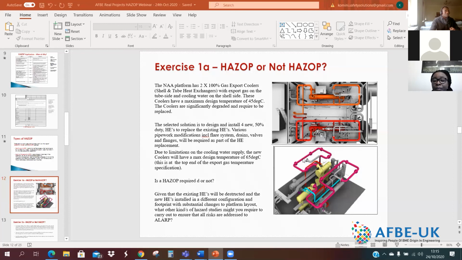Abdulaziz says yes, good. Dinesh says required for temperature. That's correct. Very good. So guys, if you could touch on the second part of that question, which is, given that there's going to be a lot of this structure removed and replaced with a new configuration, what other kinds of risk assessments might you want to do?